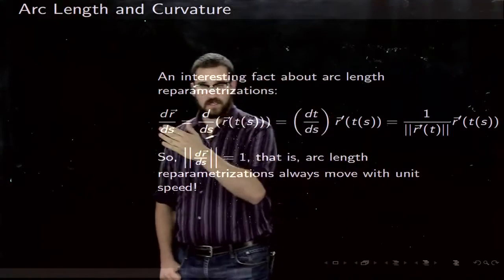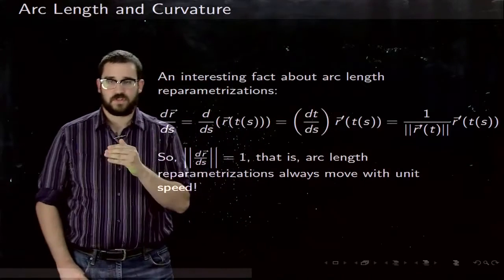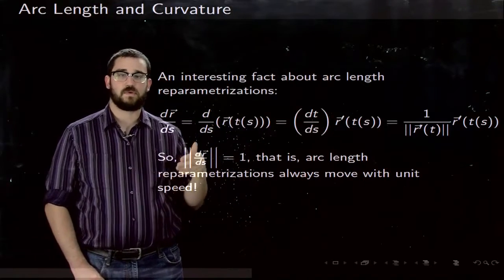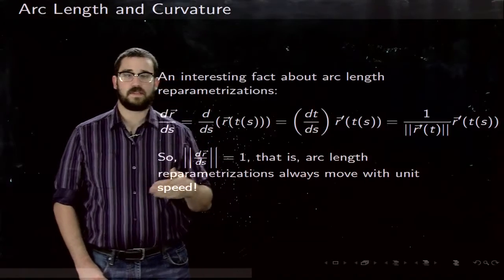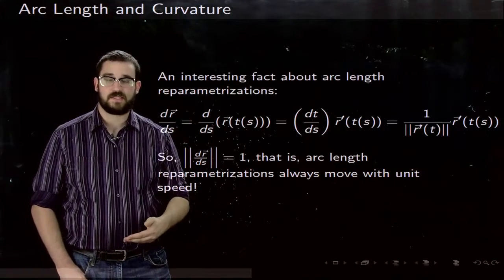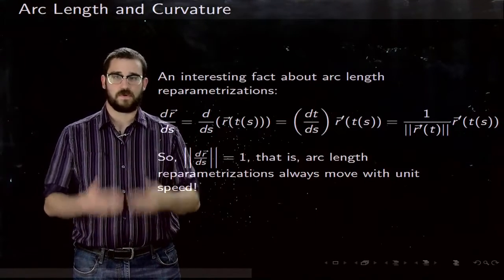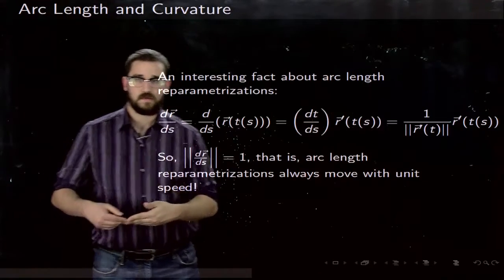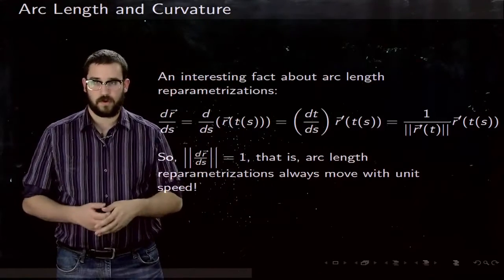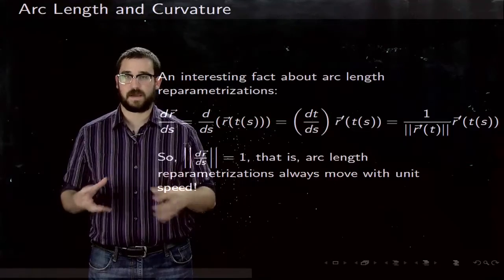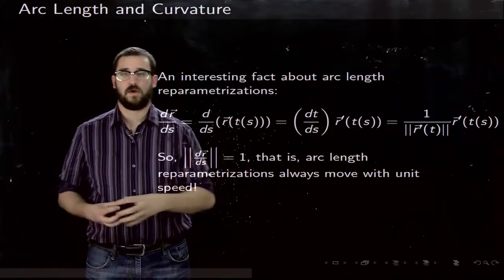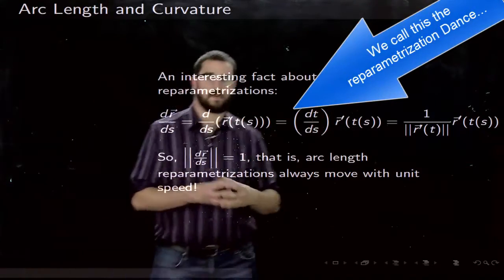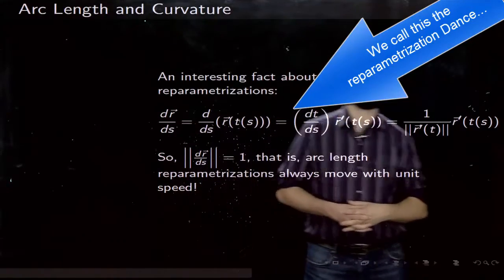So the magnitude of dr ds is equal to 1. So that means the arc length reparameterization always moves with unit speed, right? The slope, in other words, with respect to s is always 1. We just move at units of 1 consistently.